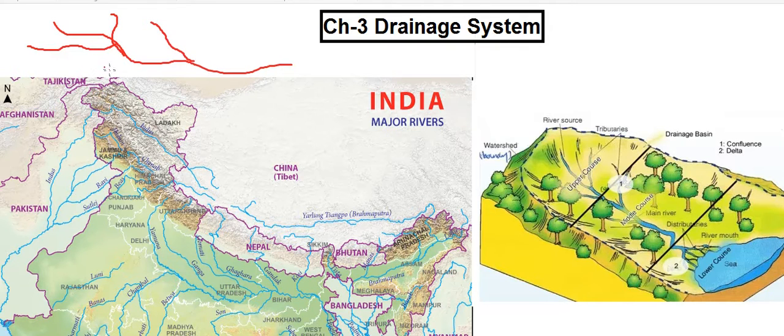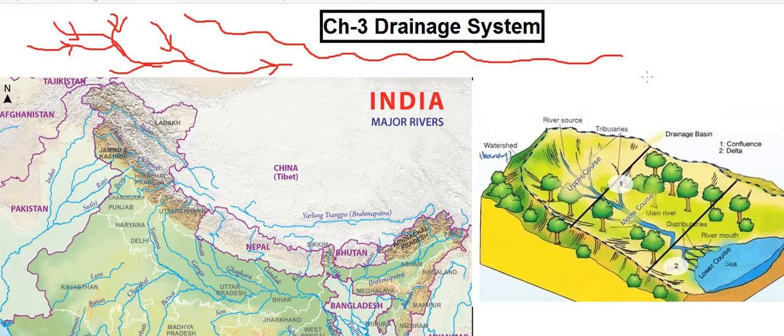Suppose this is the flow of water in this direction, which started from here, and some other water connections have joined them. So the flow of water in a well-defined pattern is called drainage.